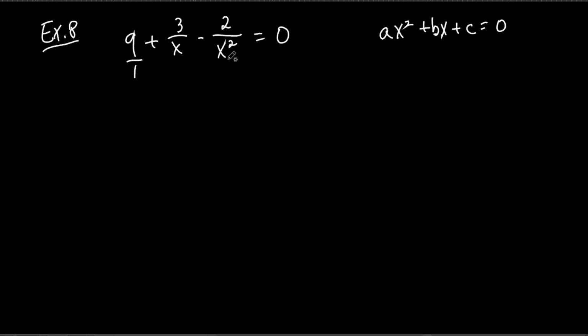I have to multiply everything by the biggest thing here, which is x squared. That way, everything on the bottom cancels out. Make sense? So let's multiply this by an x squared, this by an x squared, and technically we're multiplying 0 by an x squared as well, but it just ends up being 0 anyway.